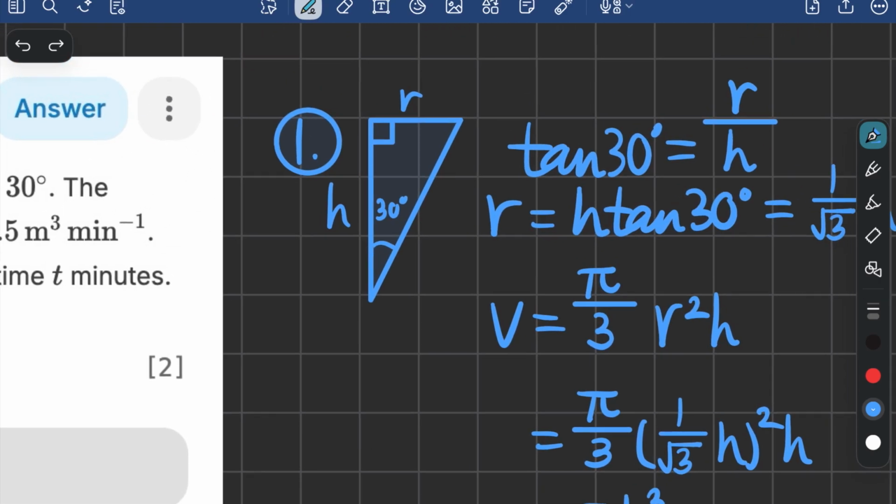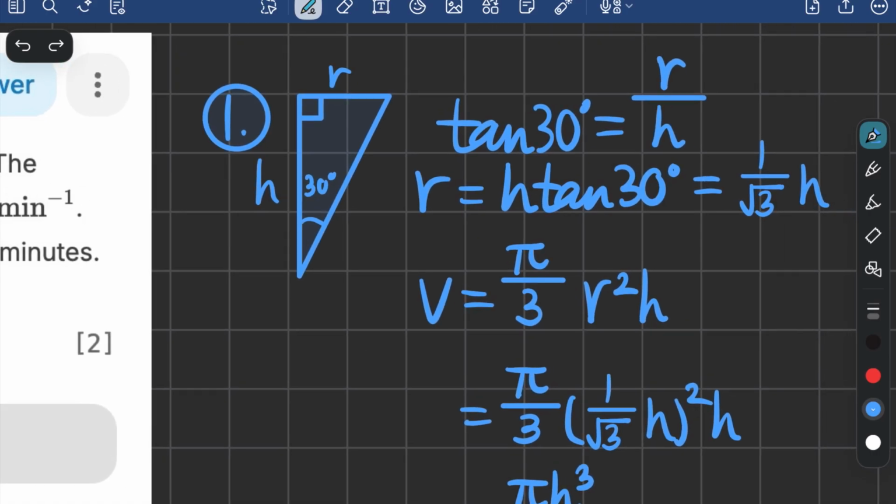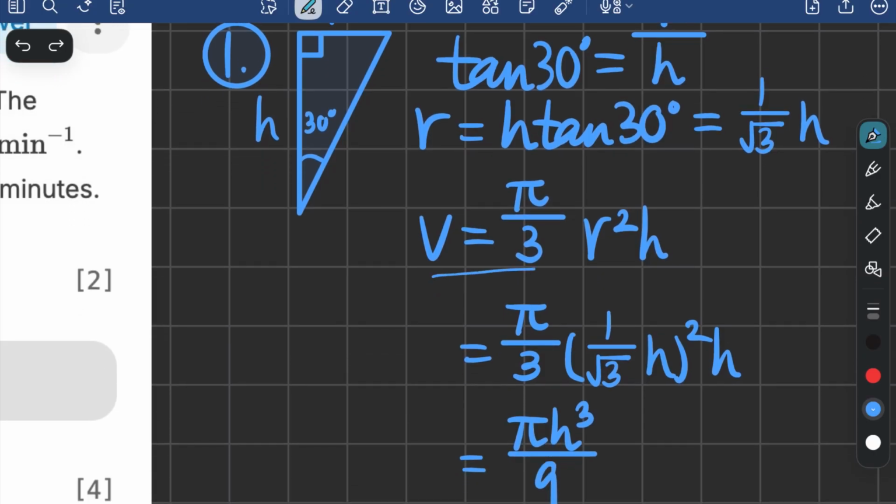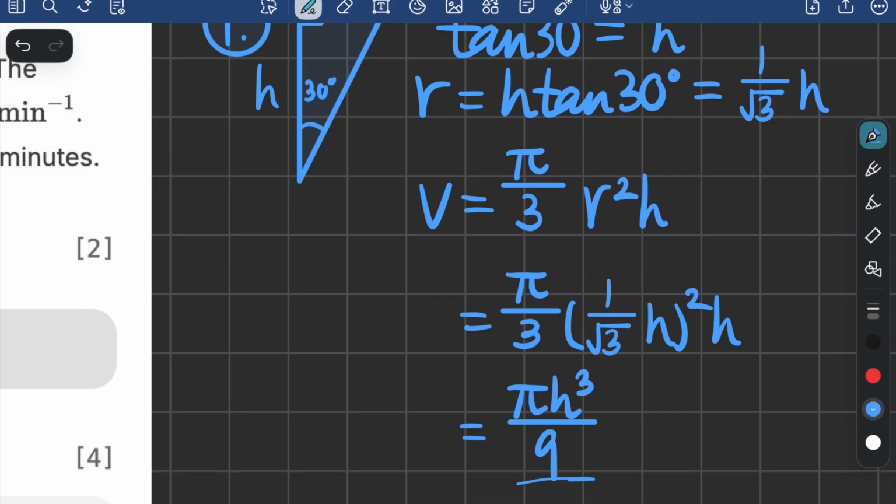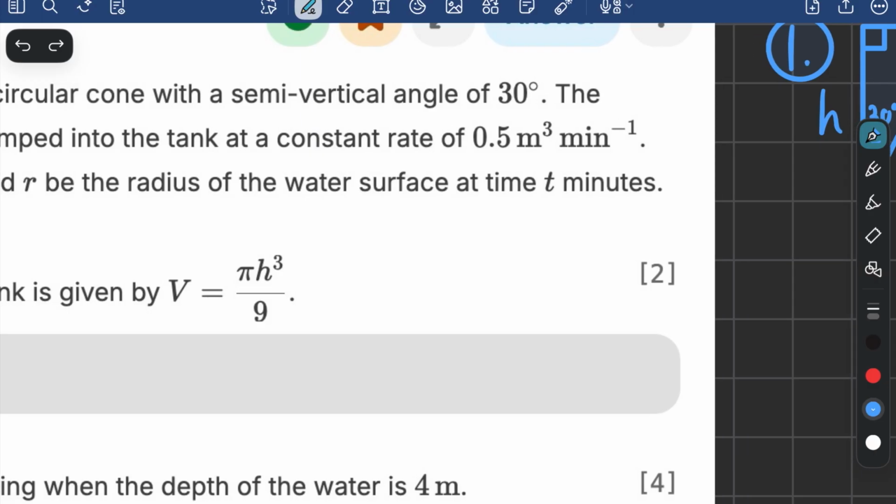So that's the opposite and that's the adjacent. So we have tan 30 degrees equals r over h, and so r equals h times tan 30 degrees, which is h times 1/√3. Now we write out the normal volume formula for a cone, then we substitute r with this relationship with h, and we simplify, and then we will get this, and that equals what the problem gives us.